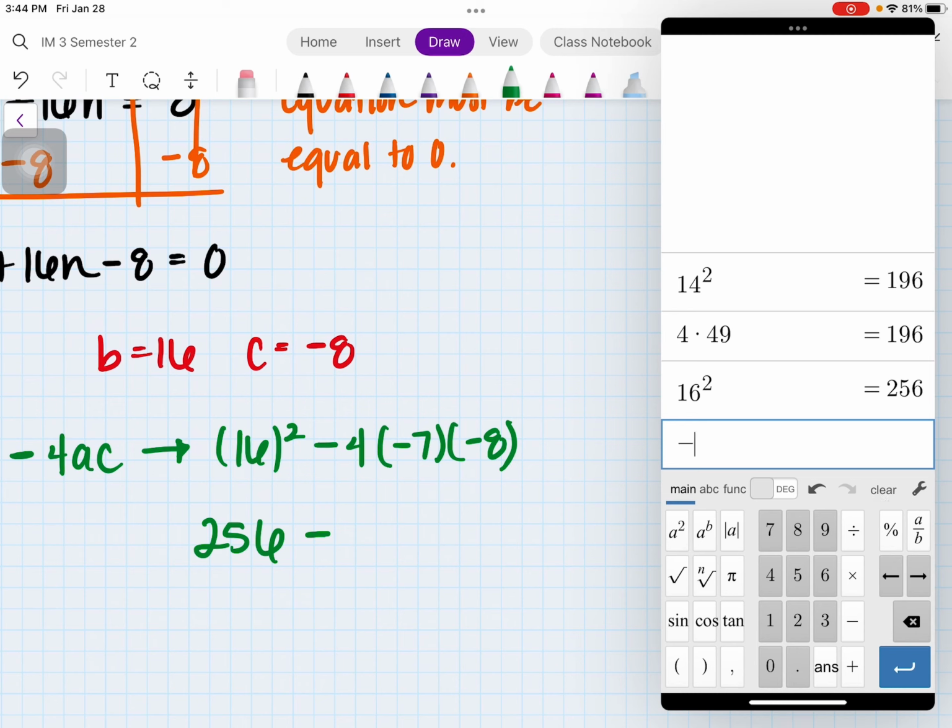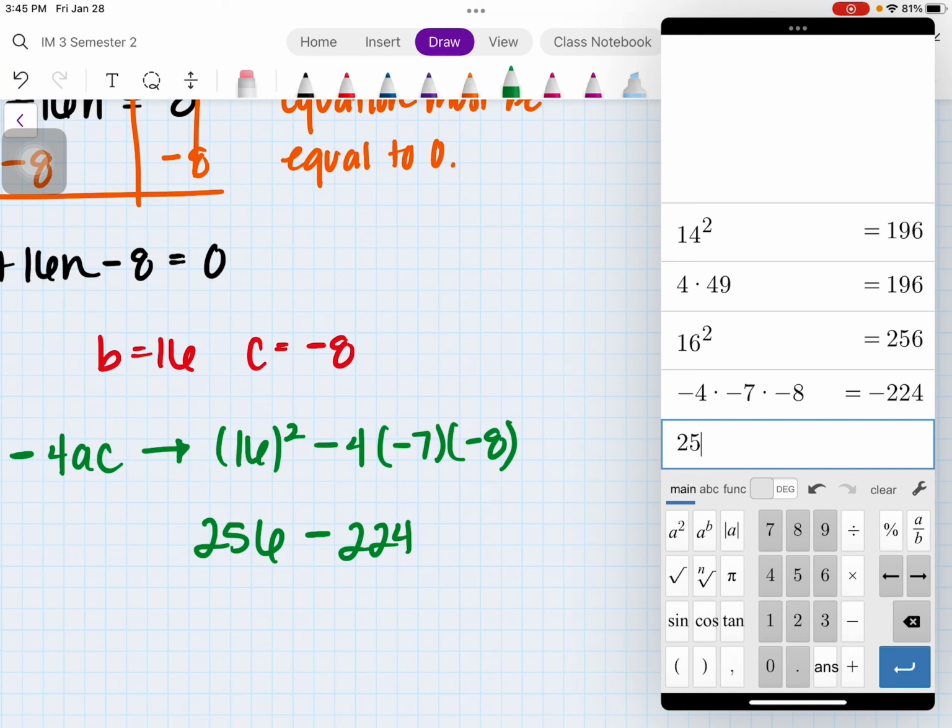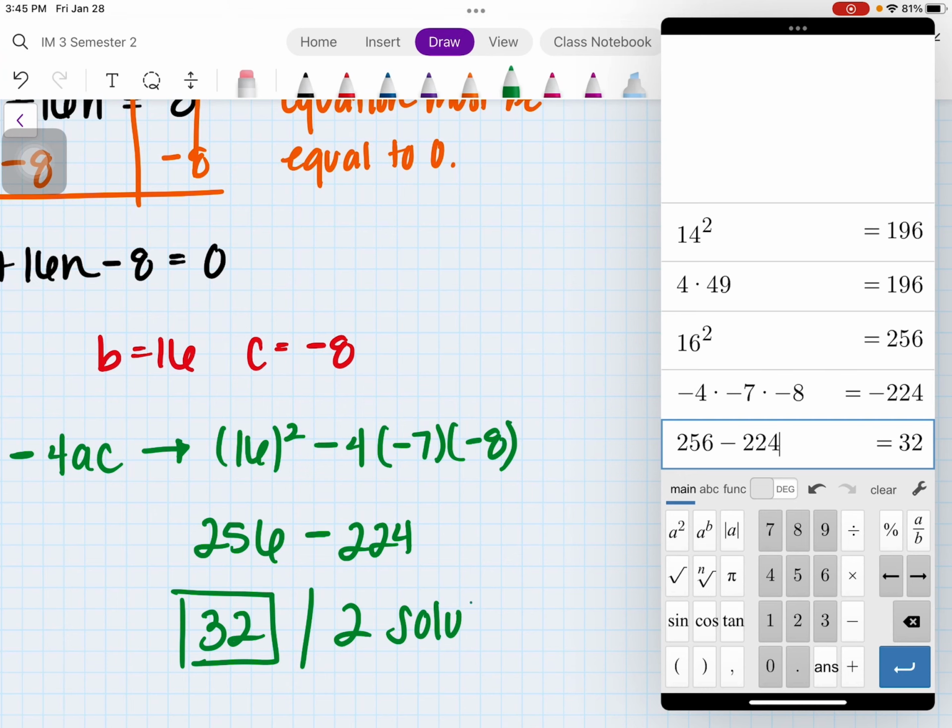So it's negative 4 times negative 7 times negative 8, which is negative 224. So 256 minus 224 is going to give us 32. Once again, a positive discriminant means 2 solutions.